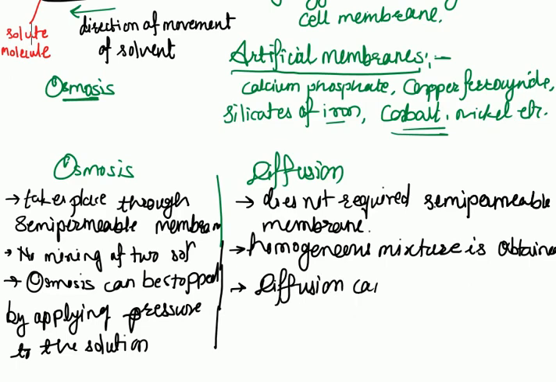Diffusion cannot be prevented once it is started. This is the difference between diffusion and osmosis.